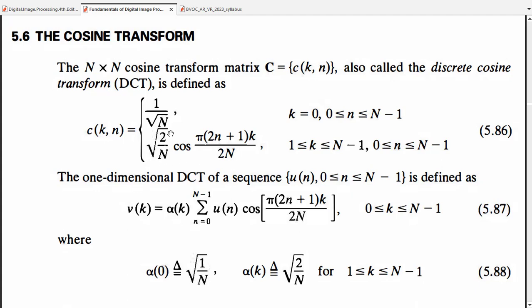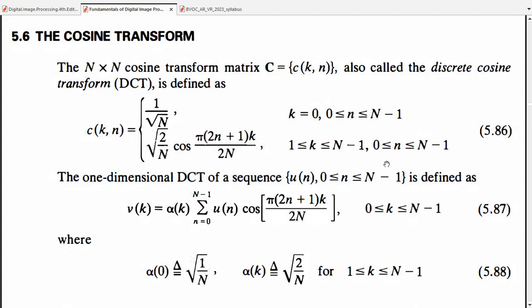Otherwise, it is square root of 2 by N times cos of (2n plus 1)k pi divided by 2N, if k is in the interval 1 less than or equal to k less than or equal to N minus 1, and 0 less than or equal to n less than or equal to N minus 1.